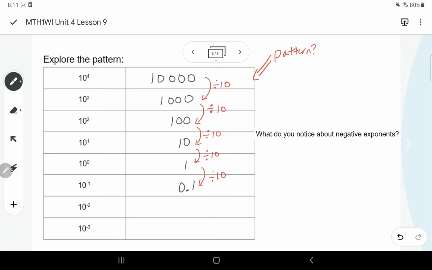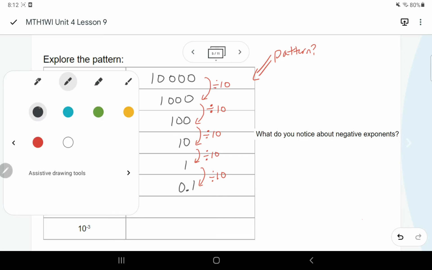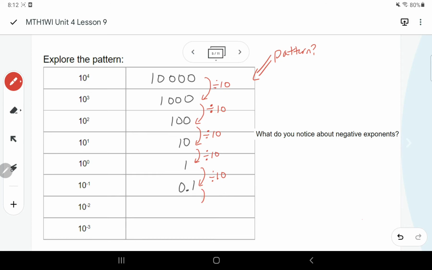So we're going into the decimals here. Okay, keep the pattern going, 0.1, and divide that by 10. 0.1 divided by 10 is 0.01. So that's a kind of interesting pattern. I see that going down in exponents got me smaller and smaller numbers with the positives, like fewer and fewer zeros. Now with the negative exponents, I'm actually going into the decimal side.